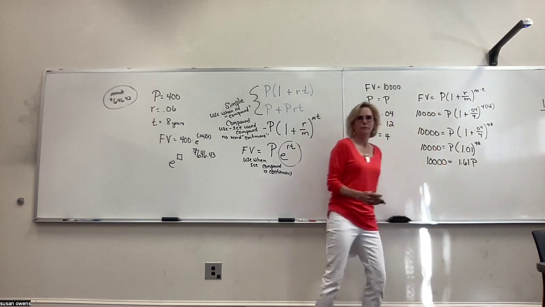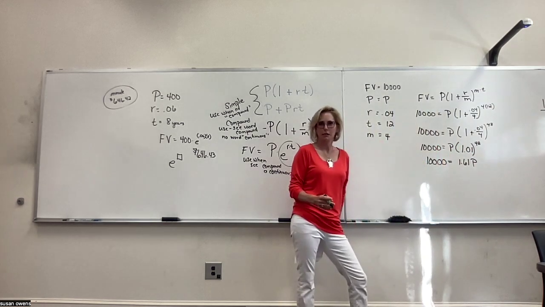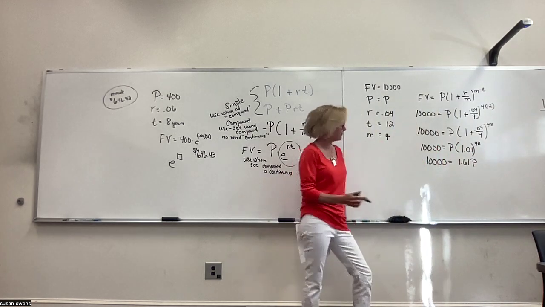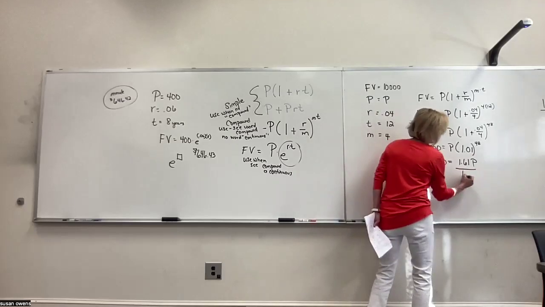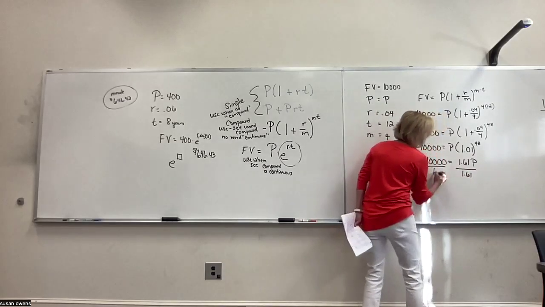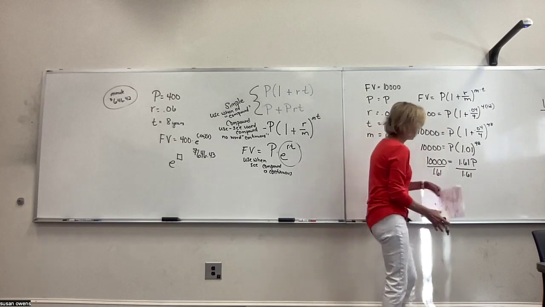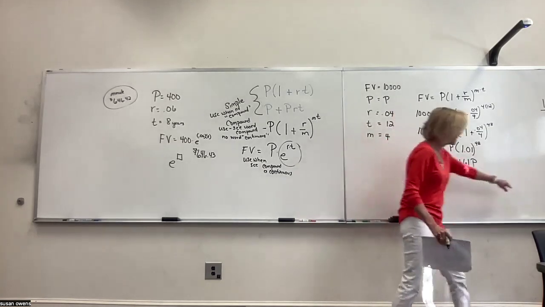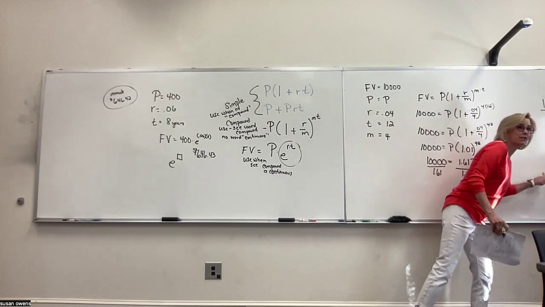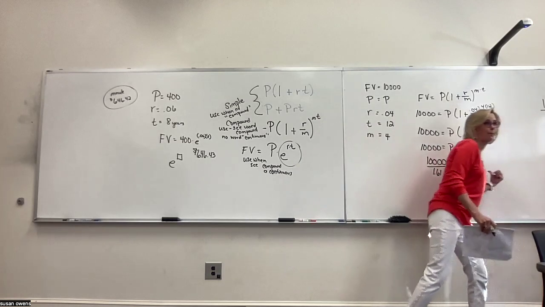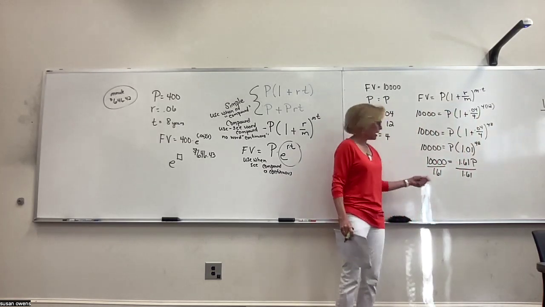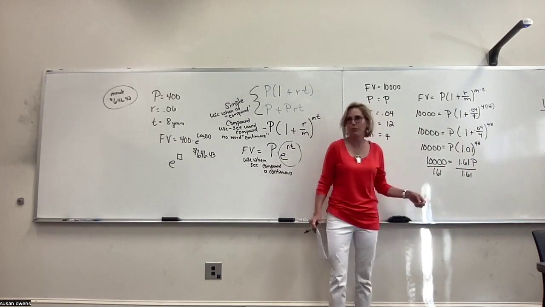Okay, now what? Divide by 1.61. Now, Harper, I want you to notice that 1.61 is just this 1.01 to the 48. So we got back to where you went, but we got back to it a lot faster. And what is 10,000 divided by 1.61?